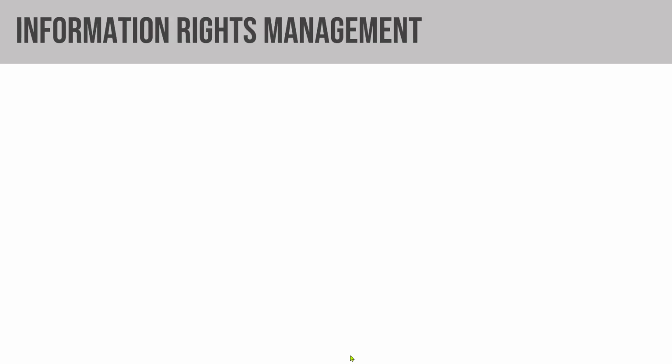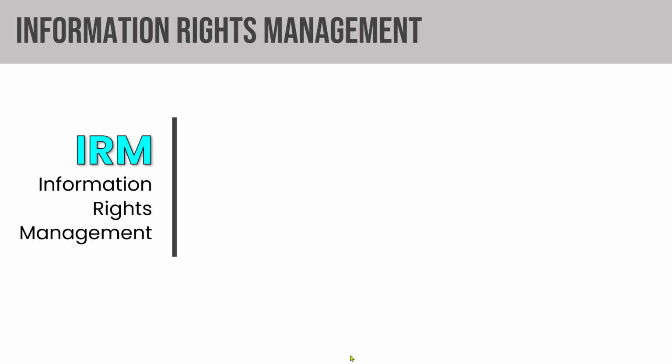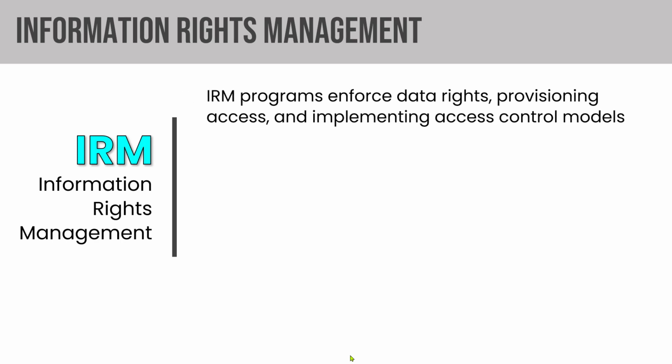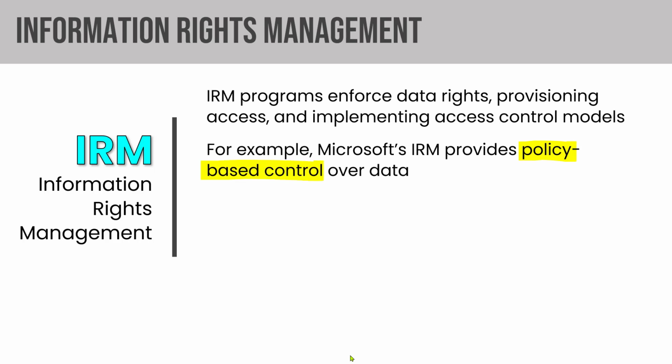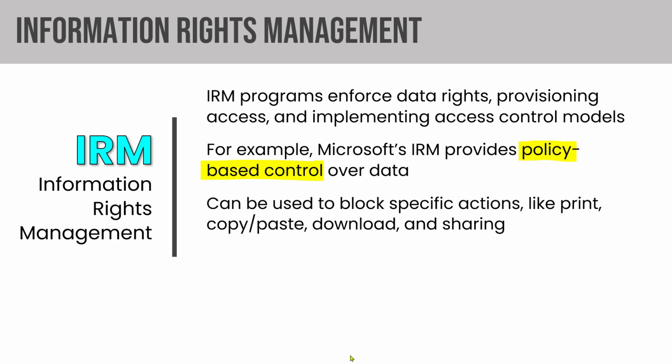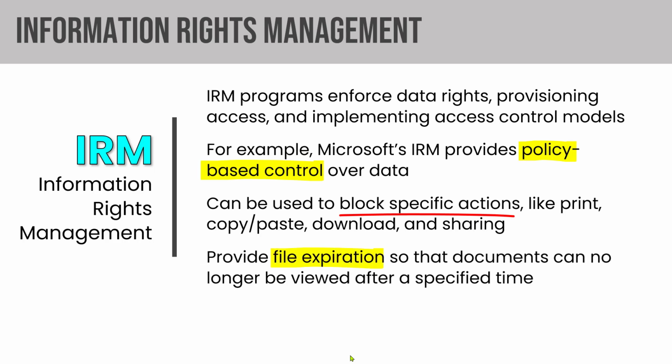that context. Now, in the enterprise scenario, you'll hear about Information Rights Management, or IRM. So IRM programs enforce three things: data rights, provisioning access, and implementing access control models. As an example, Microsoft's IRM provides policy-based control over data and can be used to block specific actions like print, copy, paste, download, and sharing, and offers file expiration so that documents can no longer be viewed after a specified time.